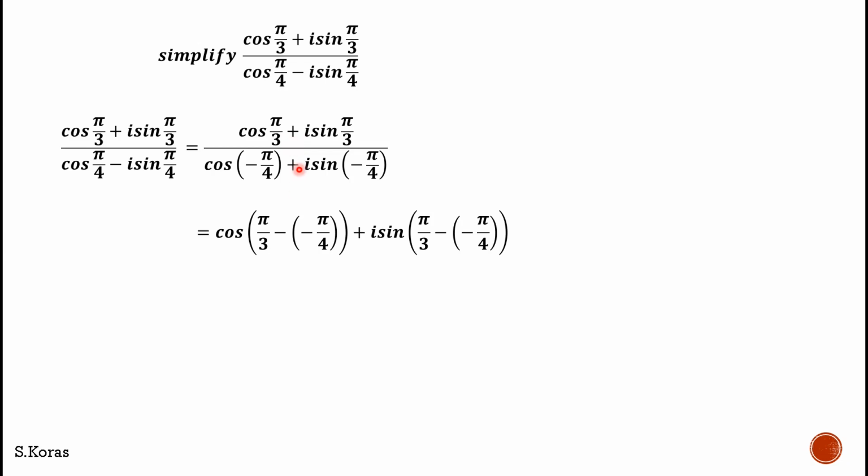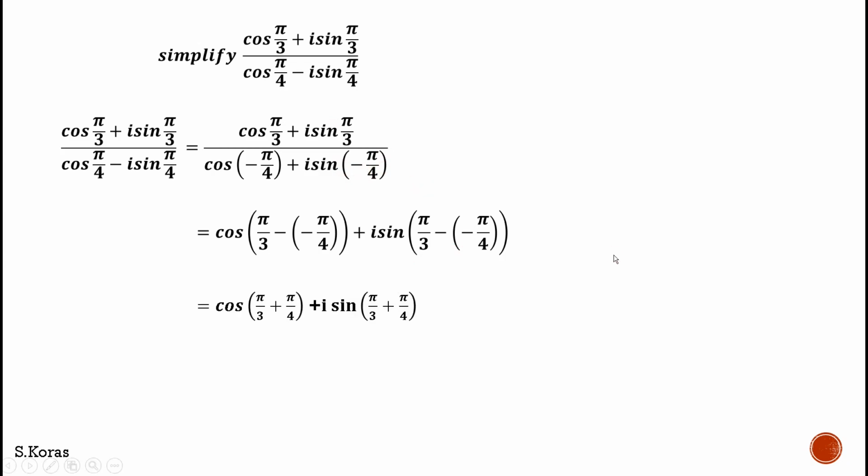For division of two complex numbers in polar form, we have to subtract the denominator's argument from the numerator's argument. So cos of numerator argument pi by 3 minus denominator argument minus pi by 4, and the same way plus i into sin of pi by 3 minus minus pi by 4.